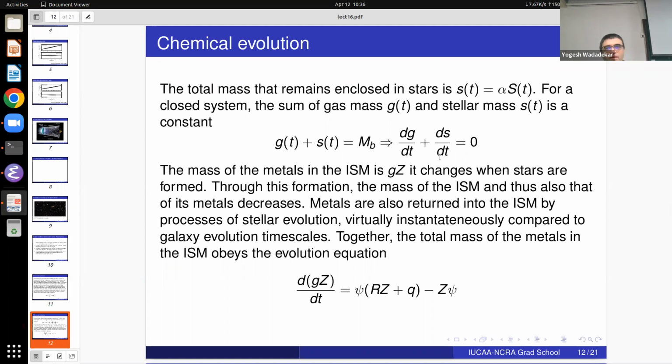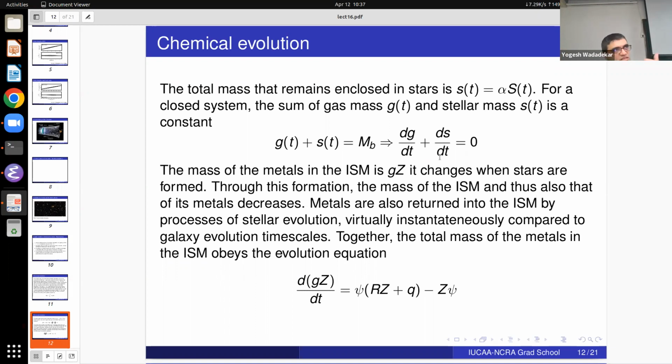The mass of the metals in the ISM is G times Z. Okay, it changes when stars are formed. Through star formation, the mass of the ISM and thus also that of its metals decreases. So metals are locked back into the formation of new stars.